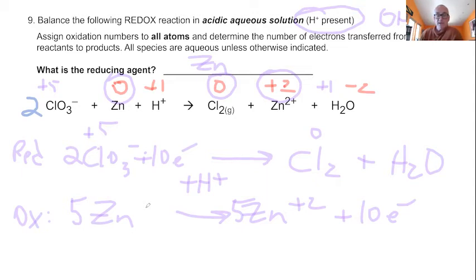Is the charge balanced in the oxidation reaction? Do we have the same charge on each side? Yes, we do, right? There's no charge here, and there's no charge here, because I have 10 positive charges and 10 negative charges. So they're balanced. But what about the reduction reaction?